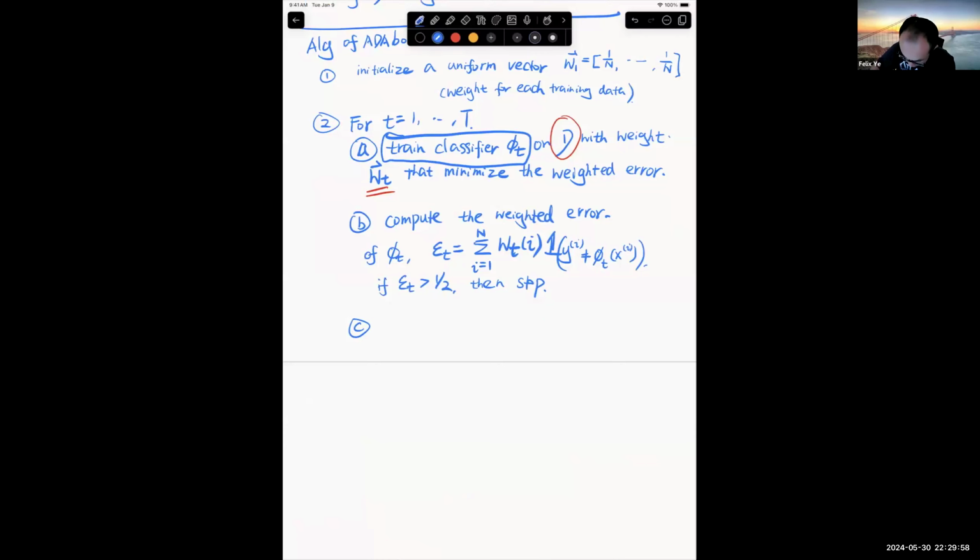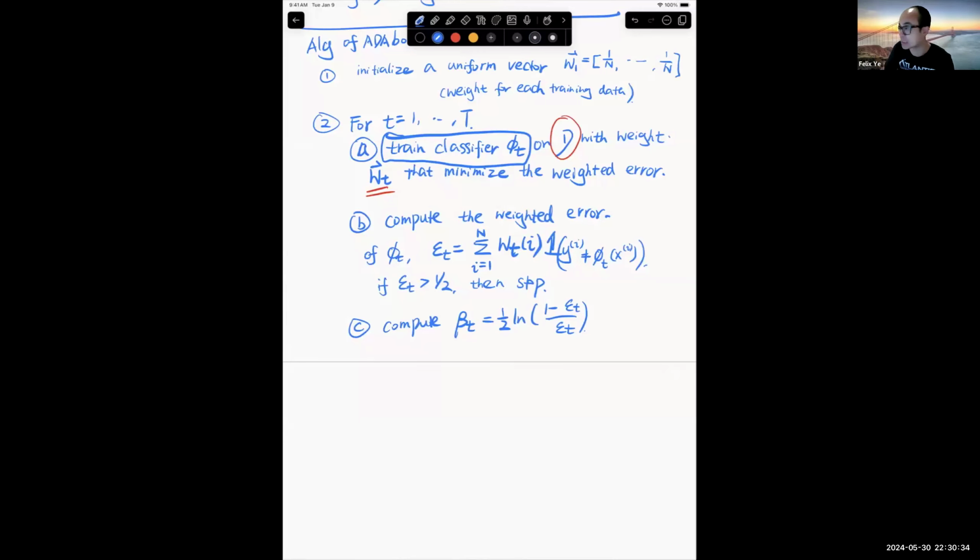For that, I'm going to compute my beta t. This beta t is equal to 1/2 logarithm of (1 minus epsilon t) divided by epsilon t. You can see this beta t only makes sense when epsilon t is less than or equal to half. Otherwise it becomes negative, so this is something you need to keep in mind.